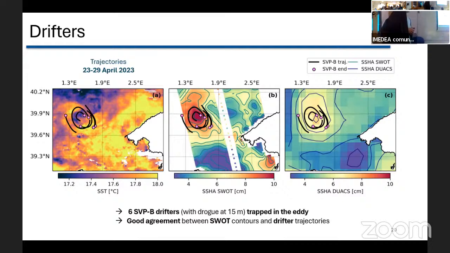What is more impressive is that here I show a map of SWOT sea surface height, and the contours of SWOT match the drifter trajectory. And here is the DUACS map, which has low resolution and is not that accurate in measuring its center.